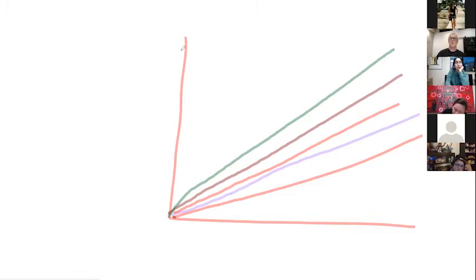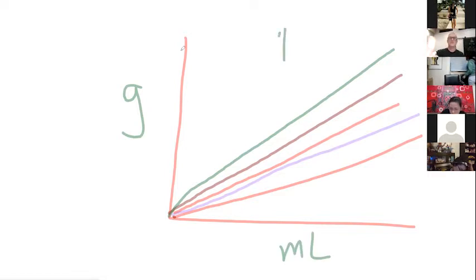Why should the slope of the line increase as we're doing grams over mils? Why should the slope of the line increase when we add more sucrose? Because the density is increasing as well. That's right. The density is going up, and that should be reflected in that. I mean, we're not going to see huge differences.